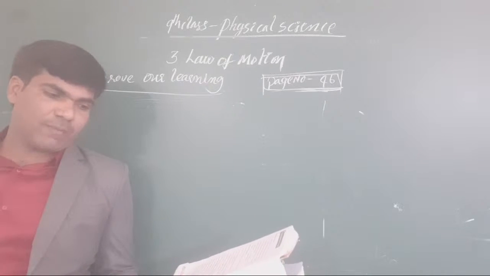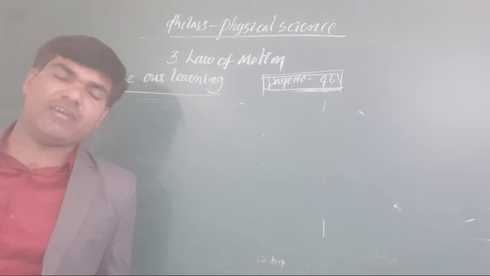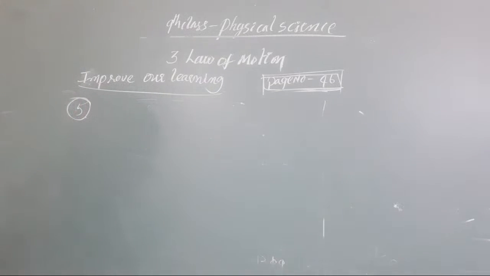What is the force applied on the object? Again, it is based on the rate of change of momentum only. What is given is a 5 kg body moving with a velocity of 10 meters per second. The force is applied so that in 20 seconds it attains the velocity 25.